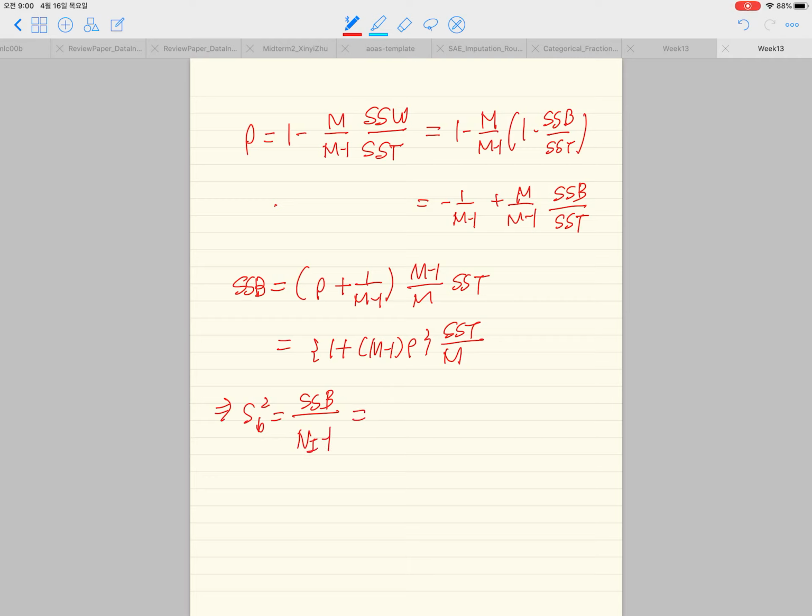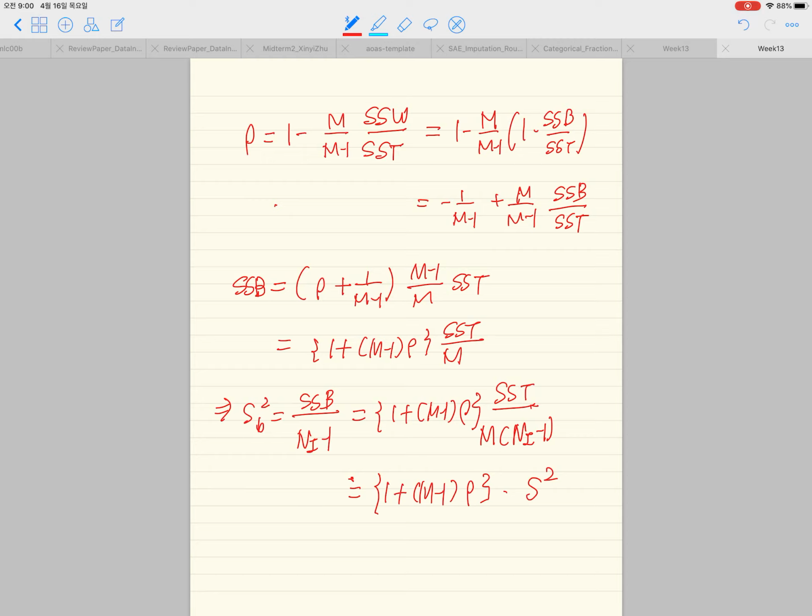So that means between, and so that means 1 over M minus 1 rho times SST divided by N minus 1 equals something times S square. Okay. So basically that is this.